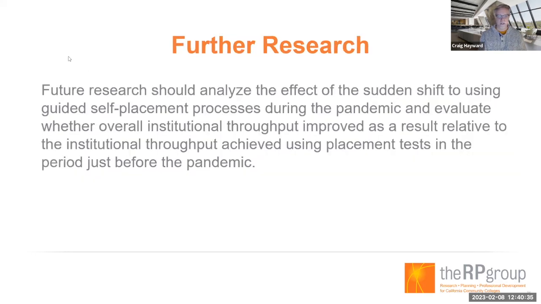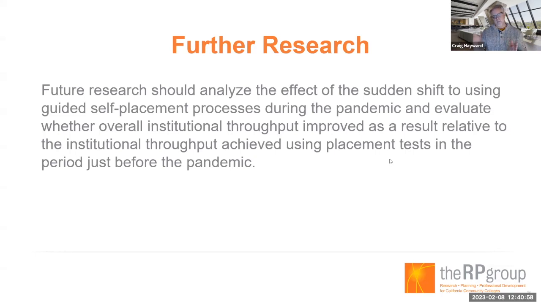So further research, and I think this is a really exciting and important area to focus on, is the shift to guided self-placement. Because this happened more or less en masse during the pandemic, it creates what we call a natural experiment.